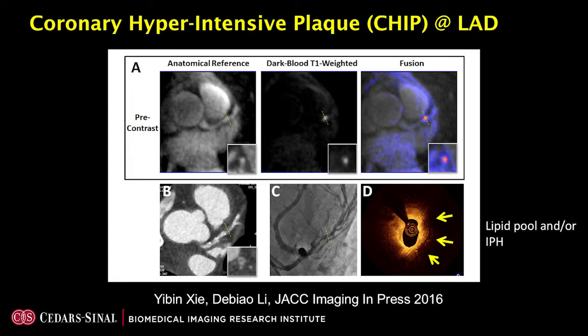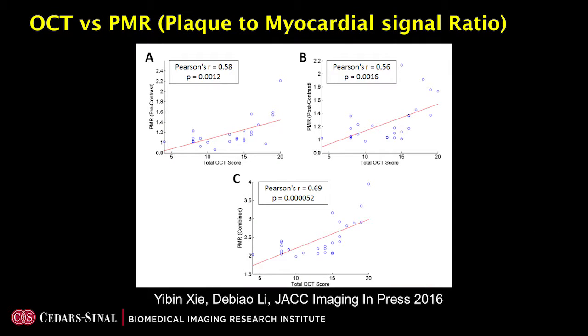And what makes this study very particular, they also compared it to an invasive gold standard, to OCT, where you can see here in this region a lipid pool and probably also intraplaque hemorrhage. They also calculated this local signal enhancement and related this to the OCT score. They did that with contrast agent and without contrast agent. And you can see here you get a rather good correlation between what you find on OCT and the enhancement they measured by MRI.